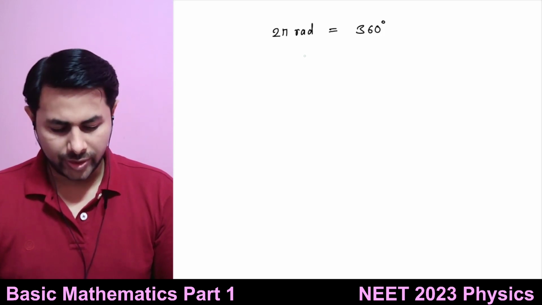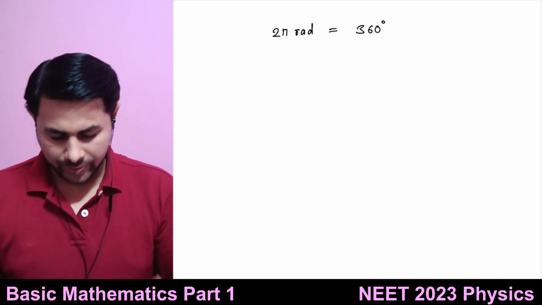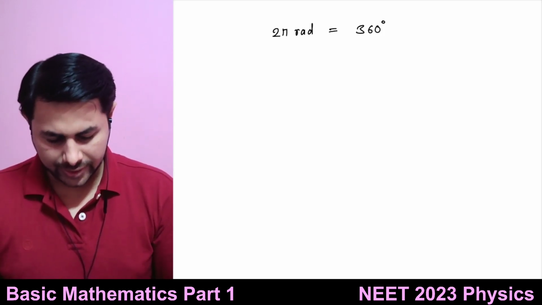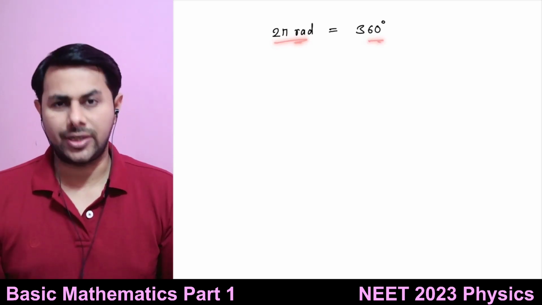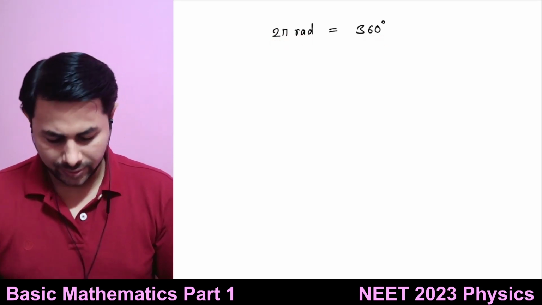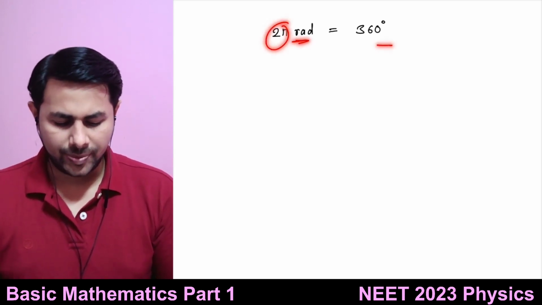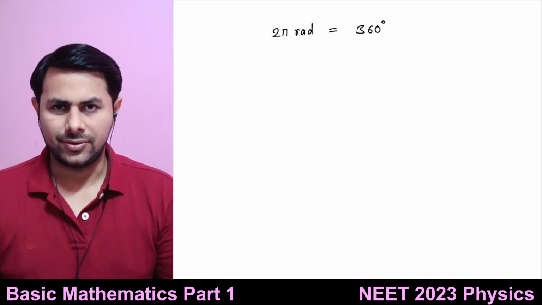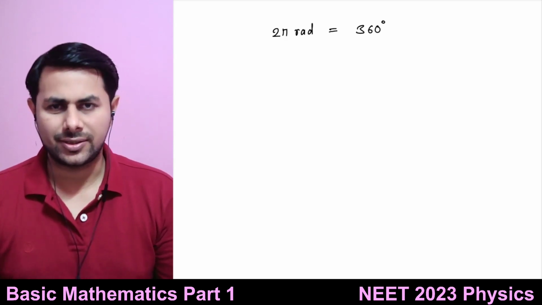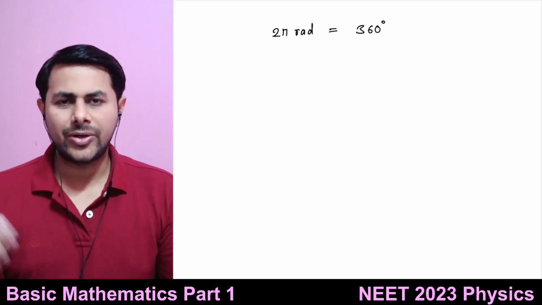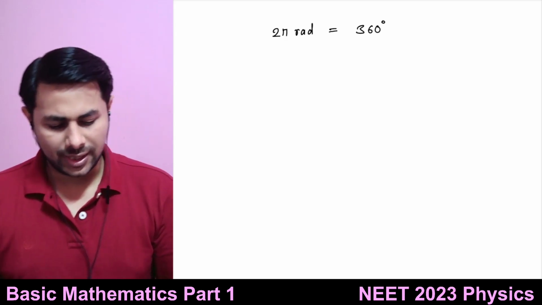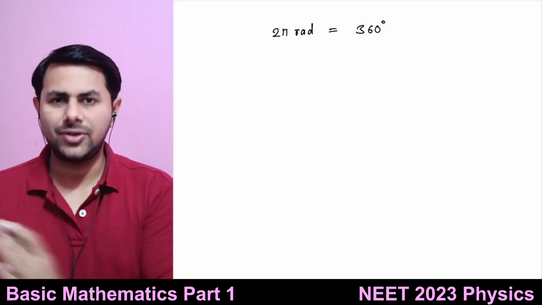And therefore, from here I can convert radians to degrees and degrees to radians, both ways. If I want to convert radians to degrees, I will take that 2 pi to the other side. 1 radian equals how many degrees? If I want to convert degrees to radians, I will take 360 degrees to the other side.